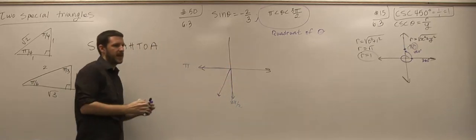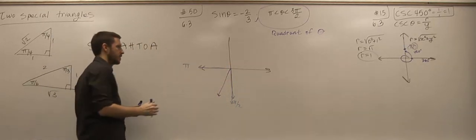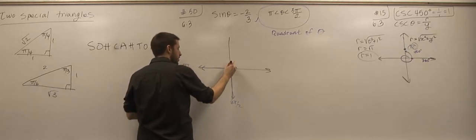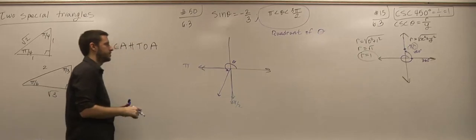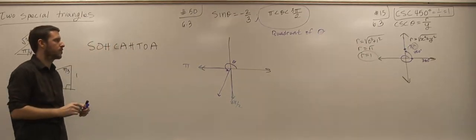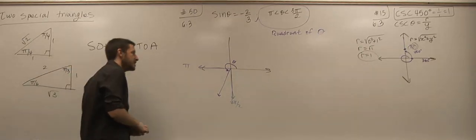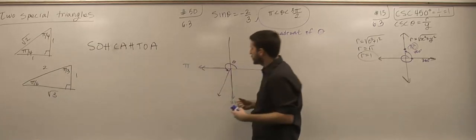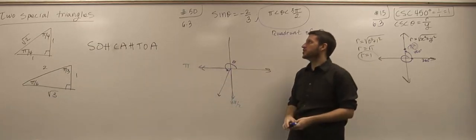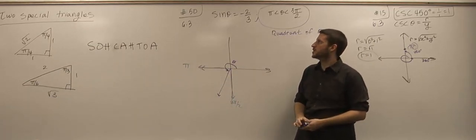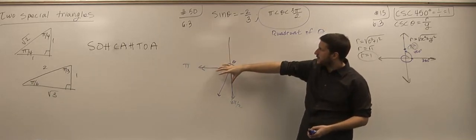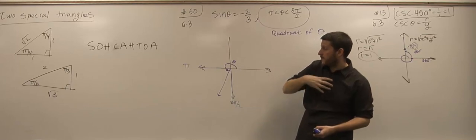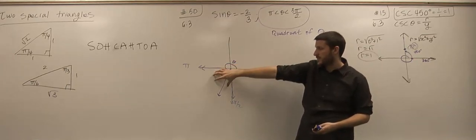So I draw the schematic. There's theta. Theta is actually the angle that starts on the positive x-axis and goes all the way around into the third quadrant. But when I start actually trying to solve for cosine of theta and tangent of theta and all those other trig functions, what I would like to have, because I like pictures, is a nicely labeled right triangle.